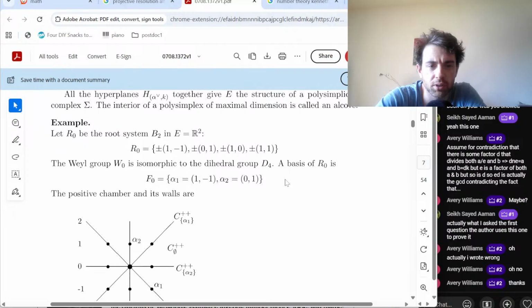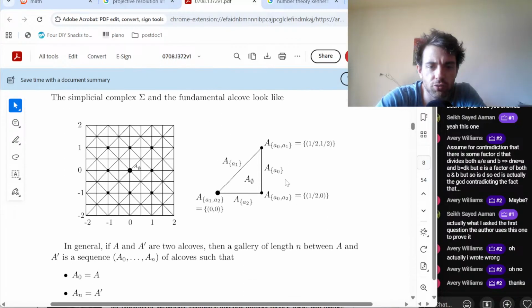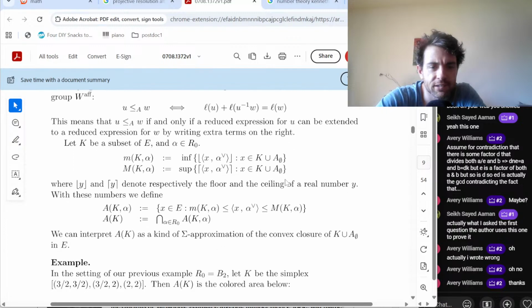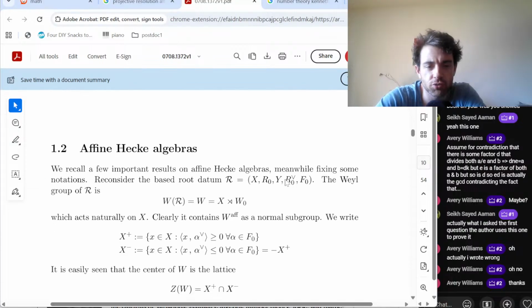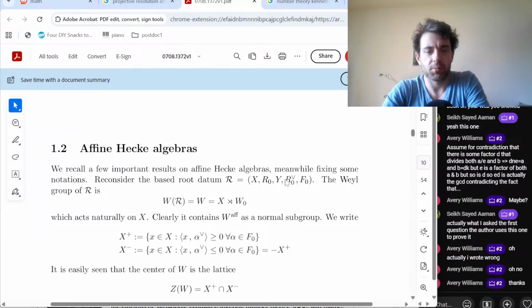In the meantime, I'm going to keep looking at this Hecke algebra stuff. Problem is, I want to do some computations for GL4, and GL4 already gets fairly messy.